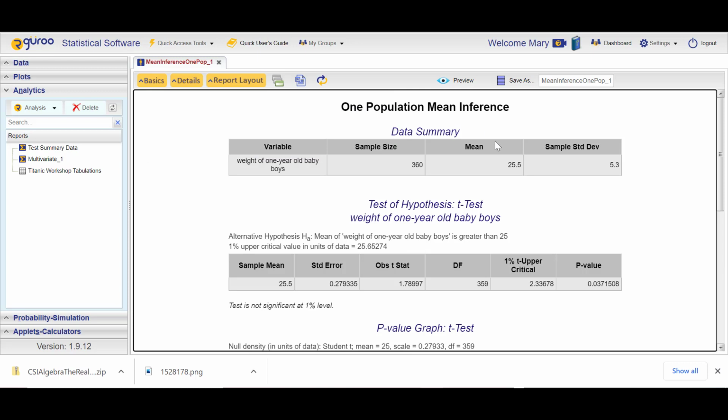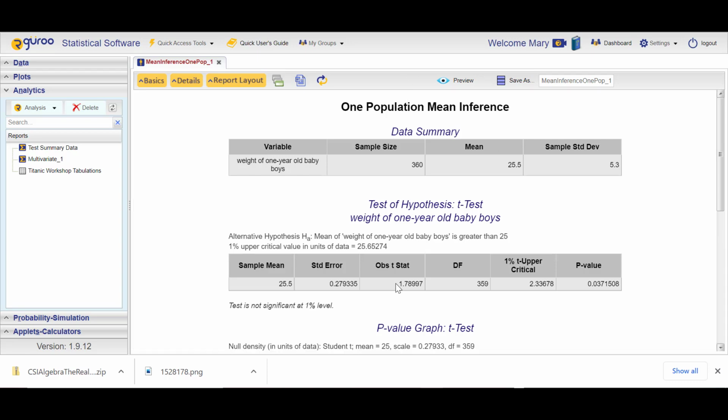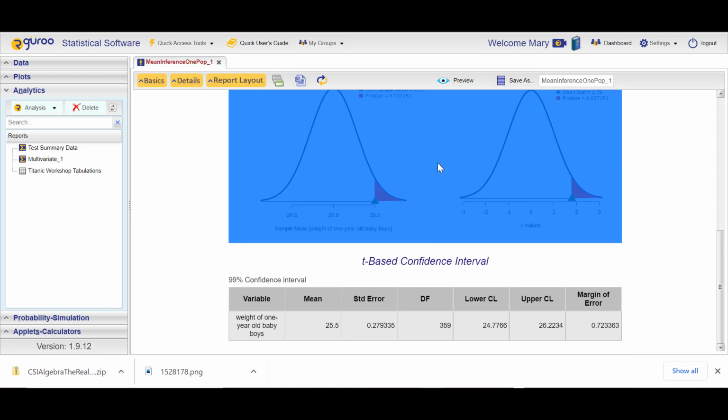And I'm going to write down the p-value on my other screen. You can't see it yet, so just bear with me. I'm copying it off of here. 0.0372. All right, and if you're asked for the test statistic, it's right here. Oops.